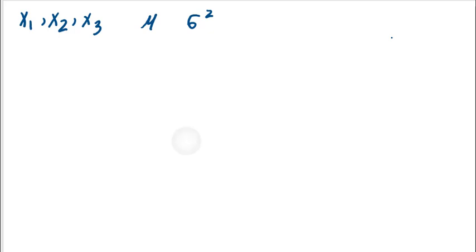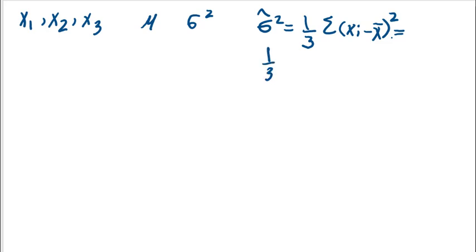We said that sigma hat square is equal to 1 over 3 sum of xi minus x bar squared, which when you expand it, you can write as 1 over 3 sum of xi squared minus x bar squared.